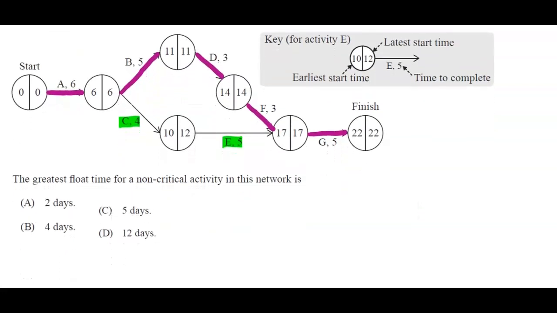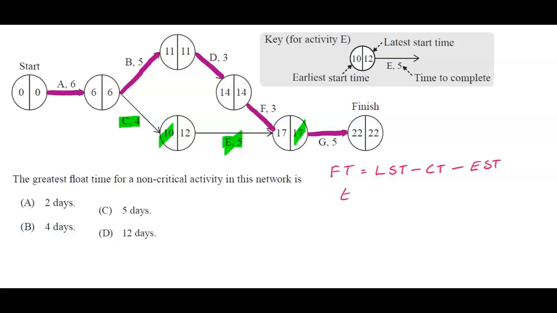So in order to find out our float time, we can use a little formula. Our float time will equal our latest start time minus our completion time minus our earliest start time. In the case of E, you'll notice that we have 17, 5, and 10.